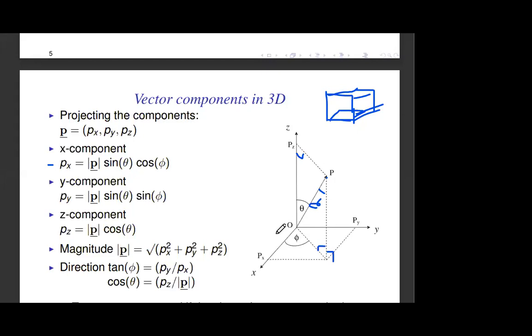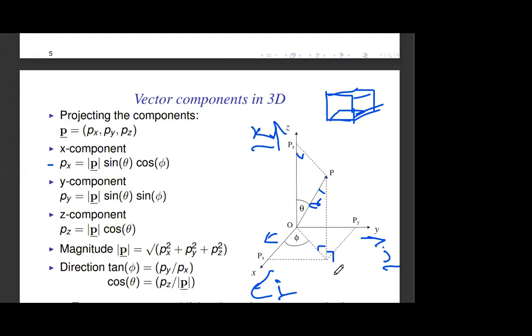Then if you know the unit vectors along these three axes, this is i, this one is j, and my pen is not working today, this is the unit vector along the OZ axis.